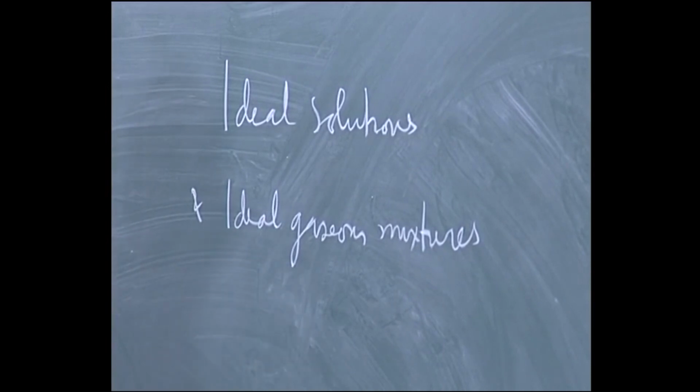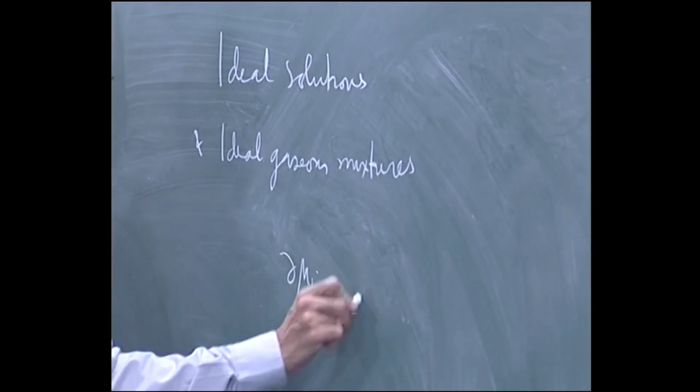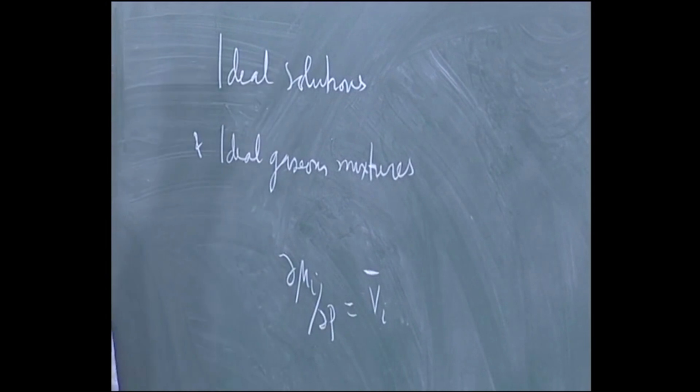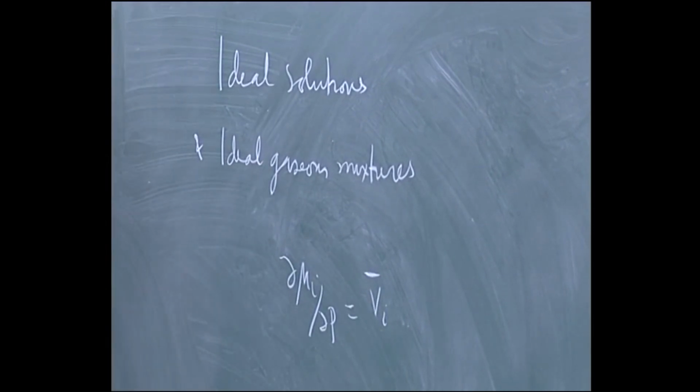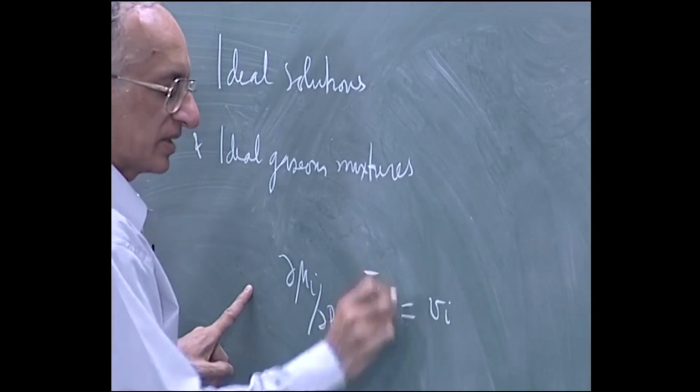In the case of ideal gaseous mixtures, there is one redeeming feature that helps you solve the Gibbs-Duhem equation using experimental data. The way this happens is you have ∂μi/∂P equal to Vi bar. This is an exact expression. In the case of ideal gaseous mixtures, first of all, this is ideal mixing.